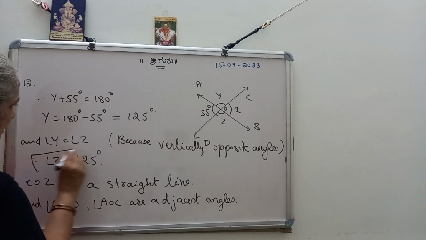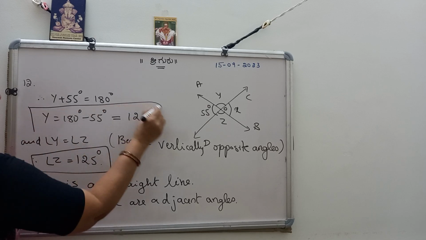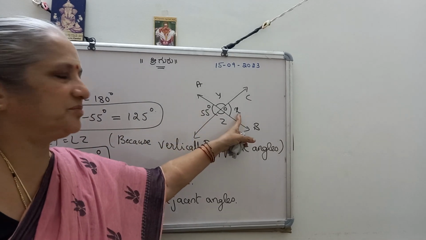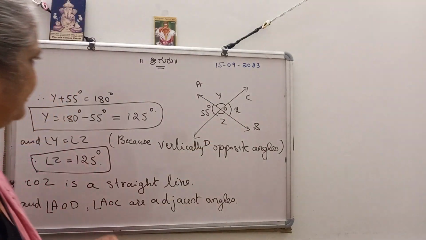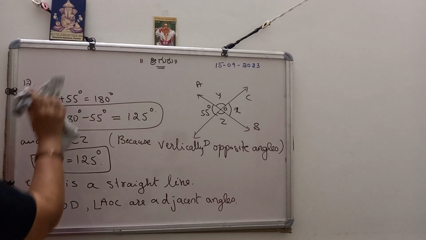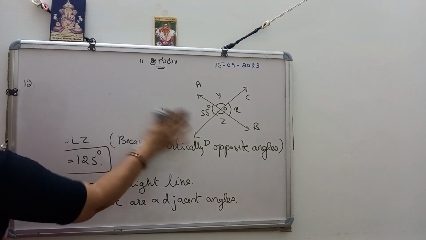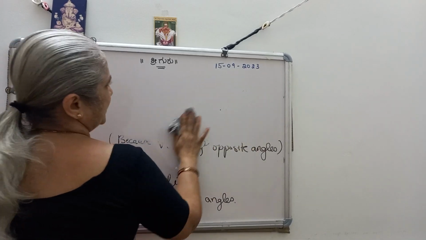So this is the answer. And x we found out as 55 degrees because they are vertically opposite angles. Try the second one.